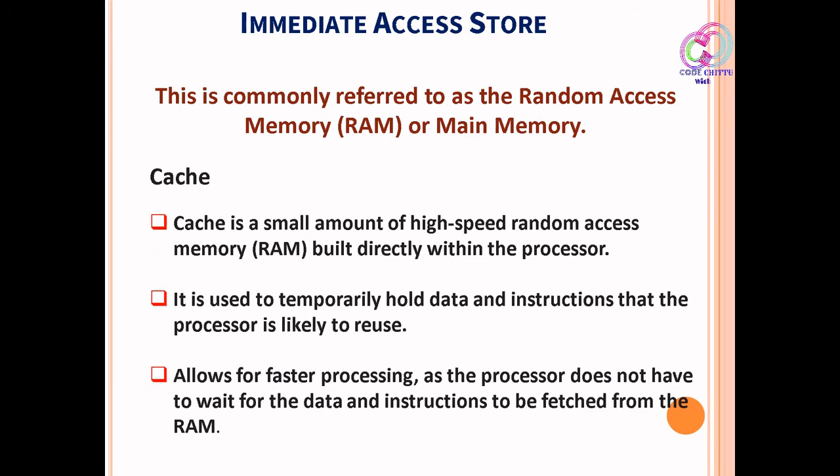So the difference between secondary storage and main memory is that the processor directly accesses the main memory while running a program. Between the hard disk and the processor there is no direct connection. If it wants to run anything from the hard disk, it will load it into the RAM, then from the RAM it will run one by one.